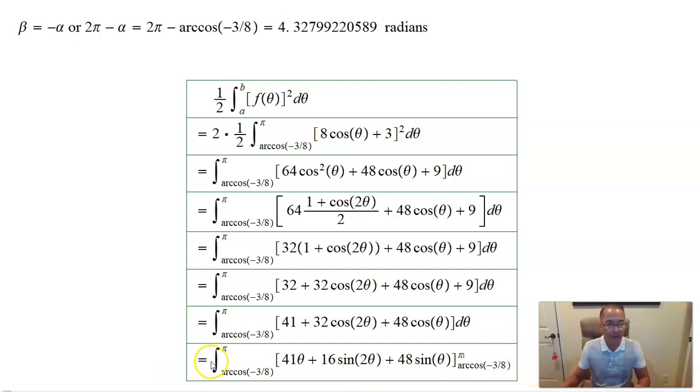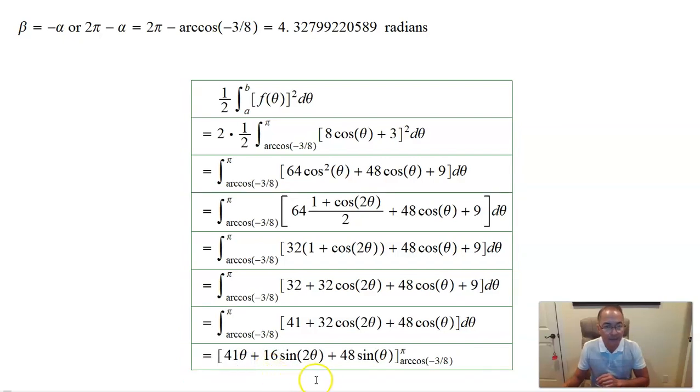Okay, so we have done the integration. Quick review. The best way to check if your antiderivative is correct is to take the derivative. What's the derivative of 41 theta? 41. Derivative of 16 sine 2 theta, chain rule. 2 goes out, 32.